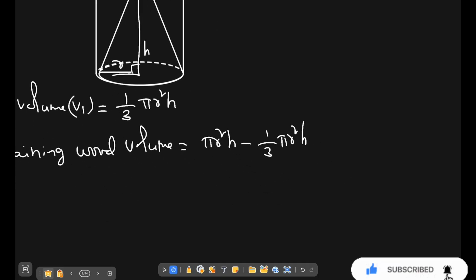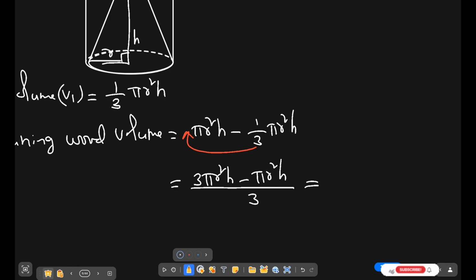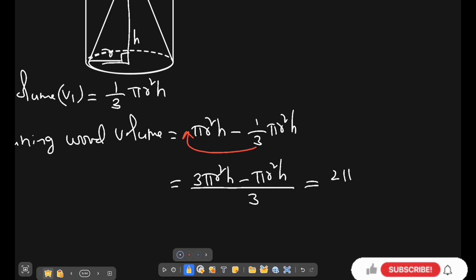So here let's multiply this with 3. What will we get here? 3 pi r square h minus pi r square h, whole by 3. Now it will be equal to 3 pi r square h minus pi r square h, which is 2 pi r square h by 3.